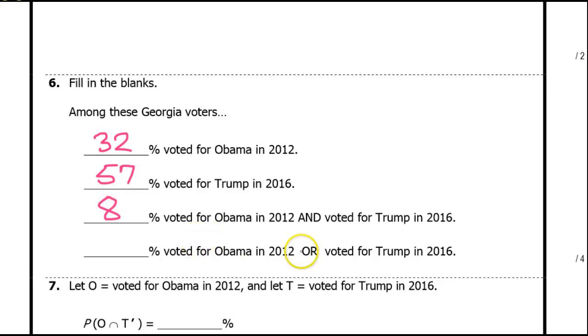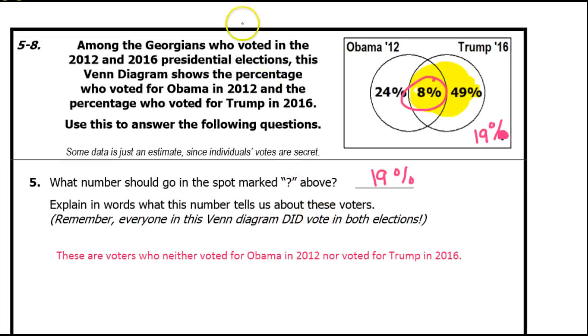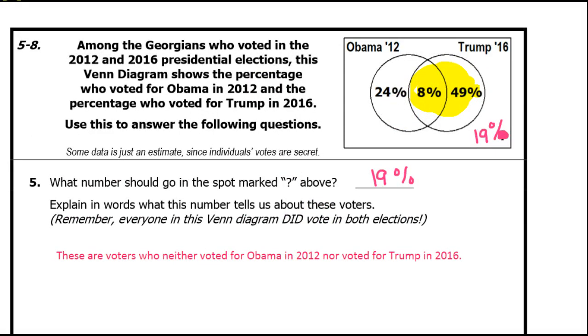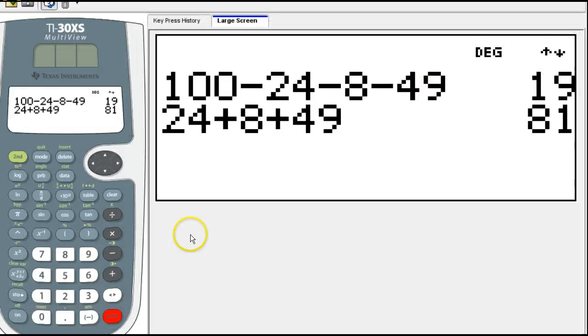Okay, Obama or Trump. So Obama or Trump would be like this. It's just all of both, right? So that makes 81.